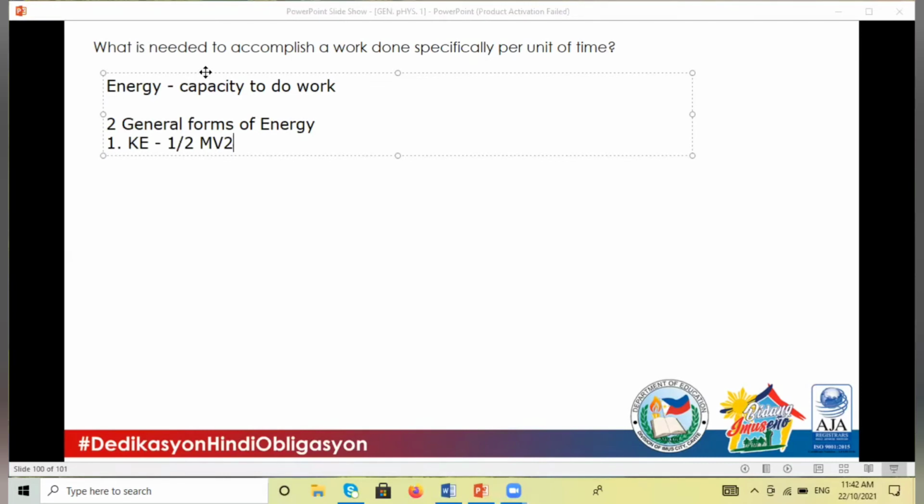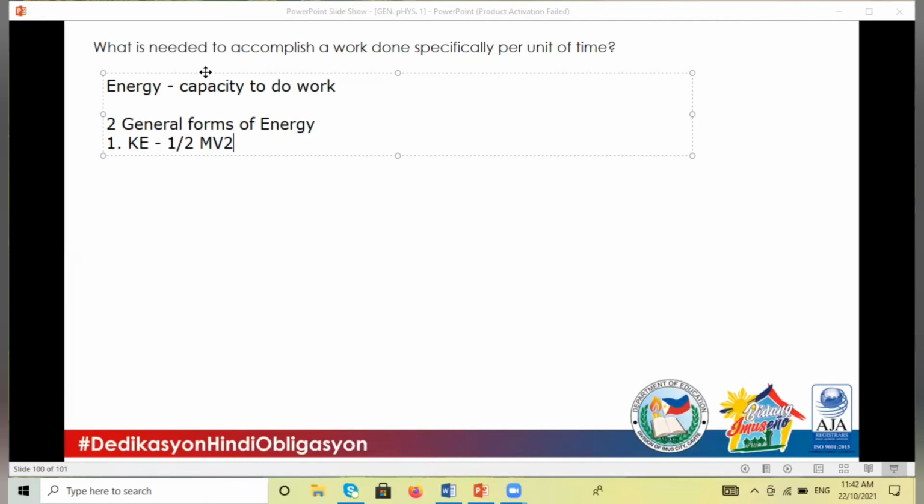So, for instance, you push an object from a stationary place, probably it will move, di ba? And it gains kinetic energy.